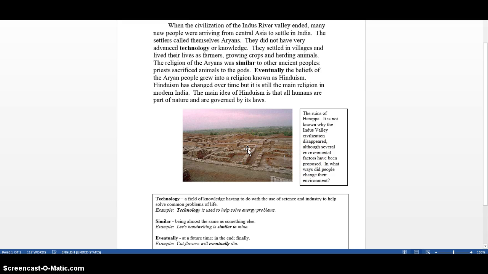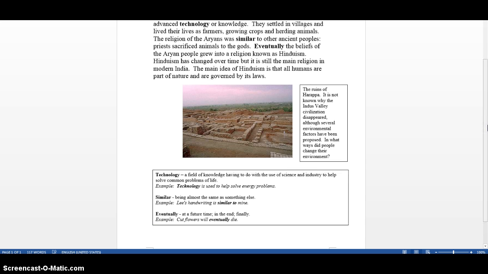So do you remember we talked about that in a gradual ending? All the different ways that the Indus Valley may have declined. So, in what ways did people change their environment? How did people use the environment or interact with the environment to meet their basic needs?